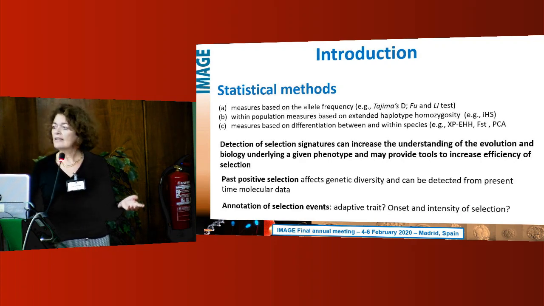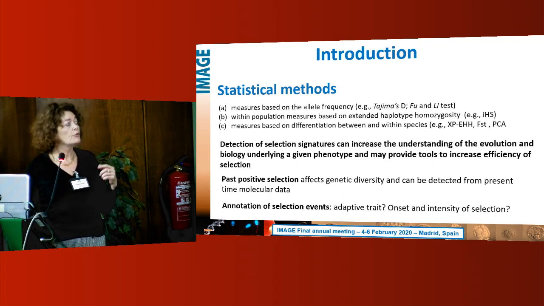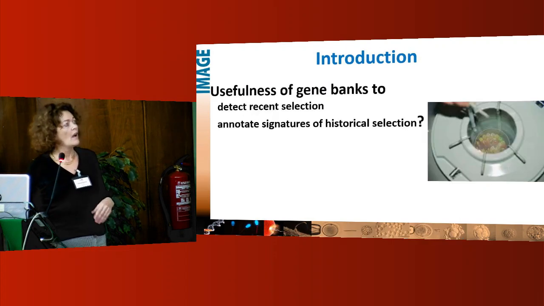The thing is that with those samples, we are not always able to say if it's an adaptive trait. We are not able to say when the onset of this selection was and what the intensity of this selection was. So we only know these signatures of selection, and we cannot go further.